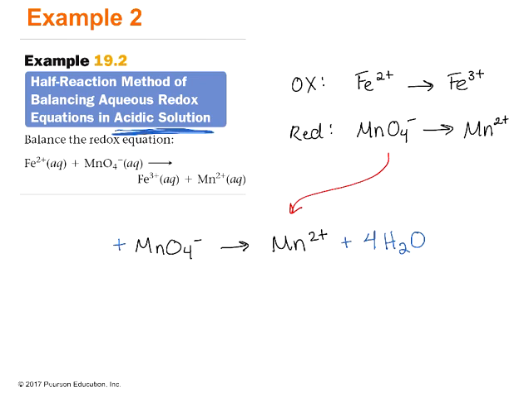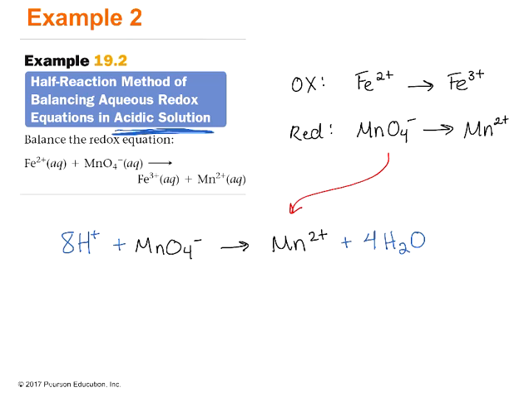So how many hydrogen ions should we add on the left-hand side to balance the hydrogens on the right-hand side? So 8. We need 8 hydrogen ions on the left-hand side to balance the 8 hydrogen atoms on the right-hand side.